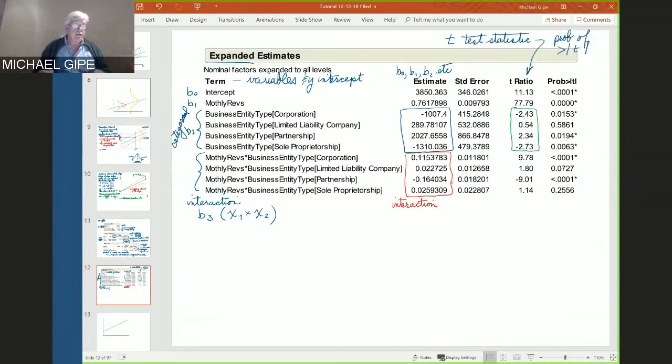Just to be complete, we have a continuous variable, one that can take on any real value, and that variable was called monthly revs. And then we have a categorical, business entity type.